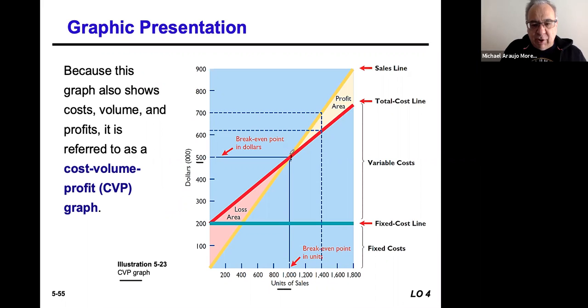But either way, as you can see, whether it's 1,000 units to break even or 500,000, again, it's in thousands, 500,000 in sales, you would break even at this point. Anything above that, clearly, you're going to be making some profits. Anything below that, both in terms of units and sales, you're going to be losing money, right? No loss.